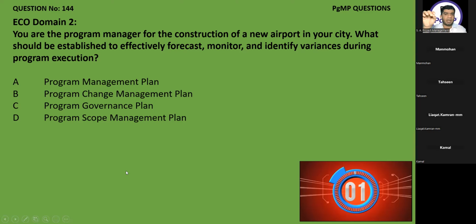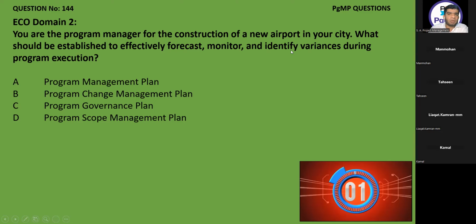Just keep in mind, as Manmohan said before, program management plan is itself not a single document. It has a lot of subsidiary plans in it. So when he is talking about general things, like complete program execution, the answer would be program management plan because it covers all the plans. But if he asks you to identify schedule variances during program execution, it will be schedule management plan.